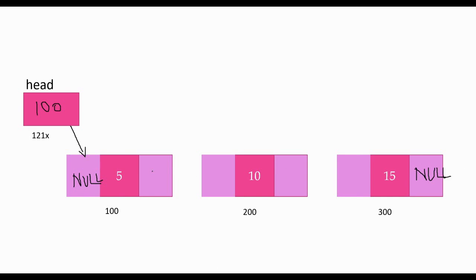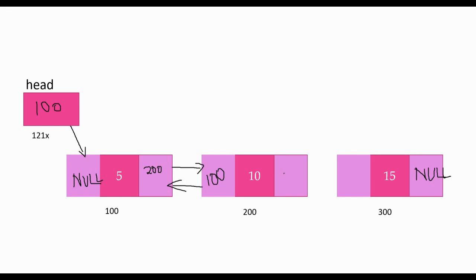So the next pointer of my first node will be pointing to the address 200, establishing a connection in the forward direction. Similarly, the previous part of the second node will be holding the address 100, establishing a connection in the backward direction. As you can see, a doubly linked list is bidirectional.